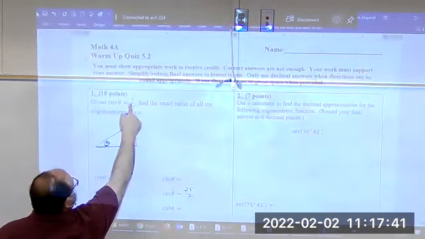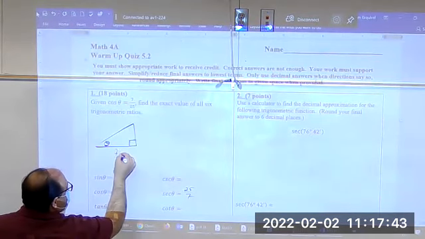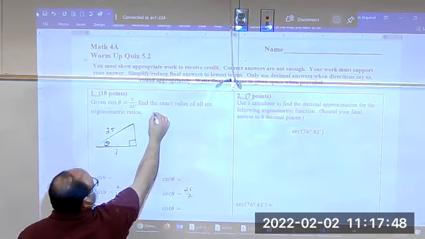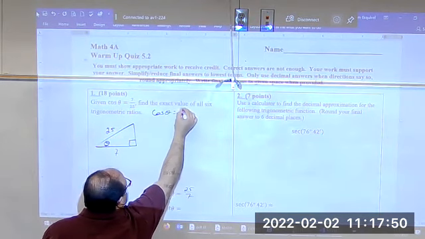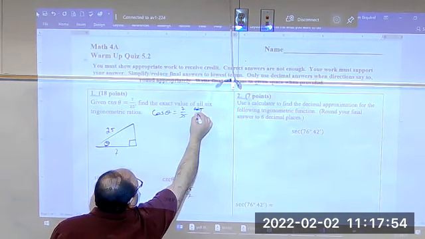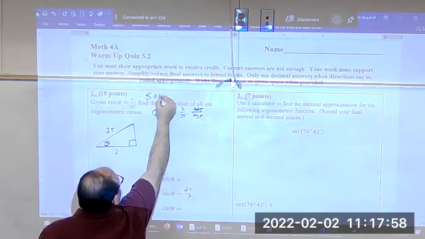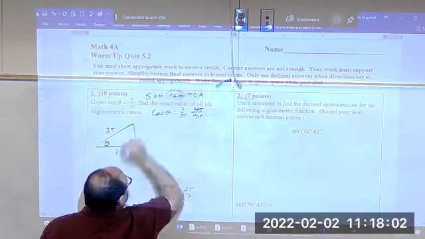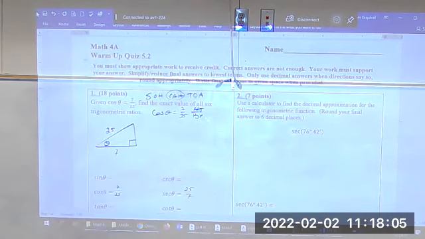You got cosine of 7, which is adjacent, over the hypotenuse, which is 25. Cosine theta is 7 over 25. That is adjacent over hypotenuse because of SOHCAHTOA. Cosine is adjacent over hypotenuse.